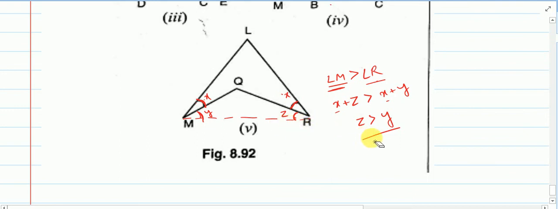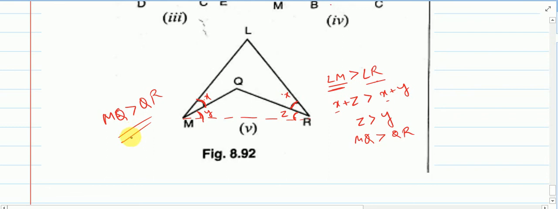Opposite to angle Z we have MQ, so MQ will be bigger than QR. So the answer is MQ is bigger than QR.